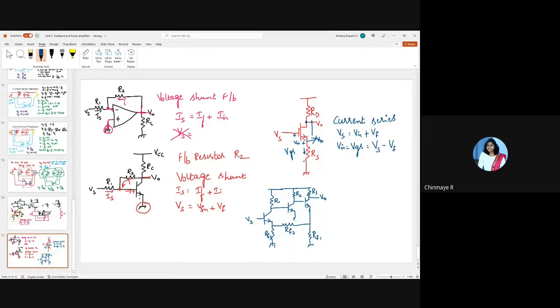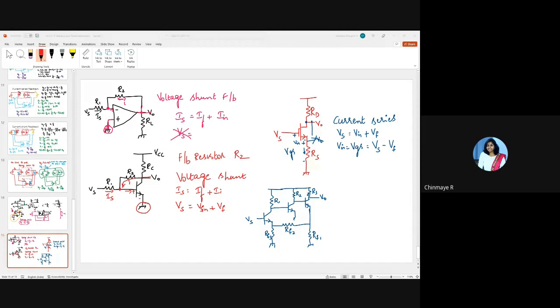So I hope this is clear. Is this clear? Or should I draw it in the next slide? Are you able to make out the points at which the output is taken? Among current series, current shunt, at least the first word is common.